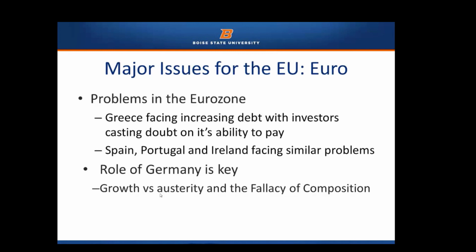If you're Greece, having large-scale budget deficits and debt problems, what you need to do is balance your budget, reduce government spending, and reduce pensions. All of that puts a damper on economic growth. And so the fallacy of composition is that what's good for one may not be good for the rest. For Germany, the austerity route is the best. For other countries, it's not.